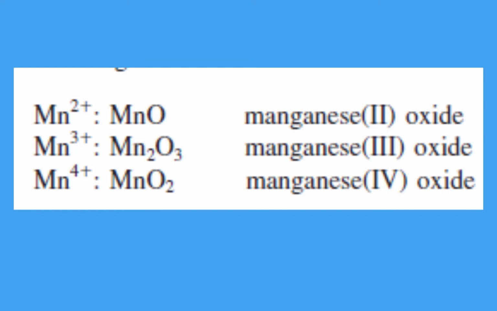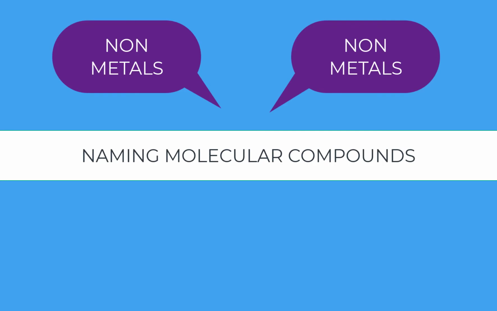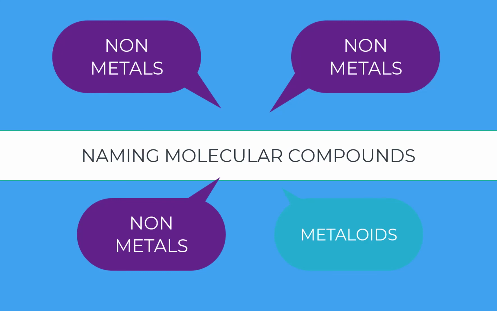Second, how can we name molecular compounds? Unlike ionic compounds, molecular compounds contain discrete molecular units. They are usually composed of non-metallic elements, and could also be composed of a metalloid and non-metallic elements.